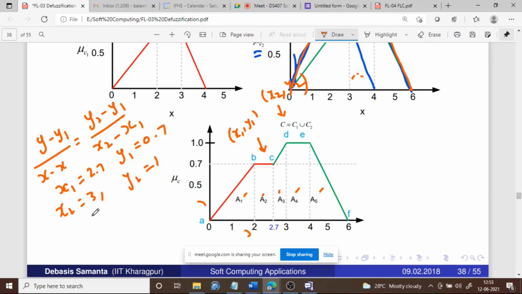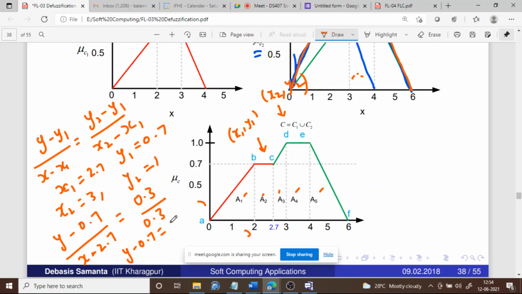Again plug in this equation. y minus y1, that is y minus 0.7, divided by x minus x1, that is x minus 2.7, equals y2 minus y1, that is 1 minus 0.7 which is 0.3, divided by x2 minus x1, 3 minus 2.7 which is also 0.3. 0.3 by 0.3 is 1.